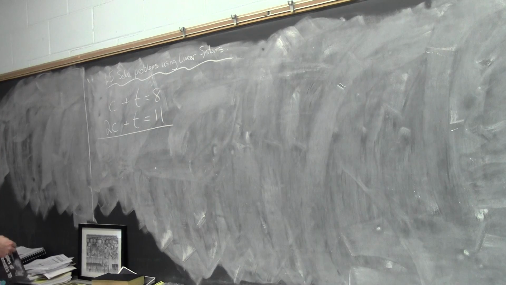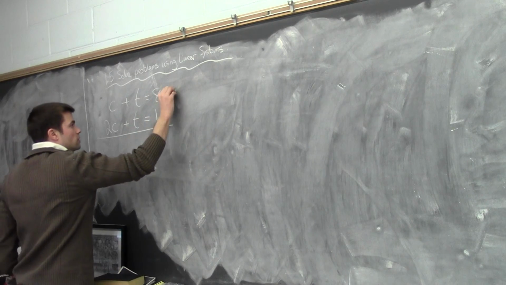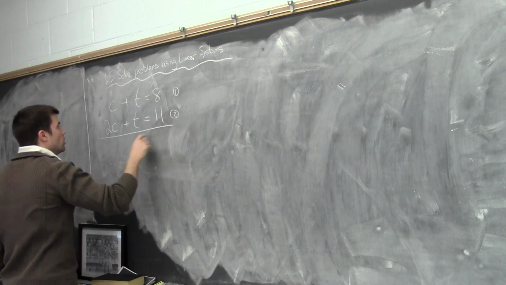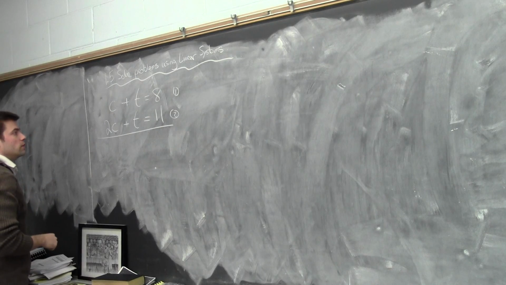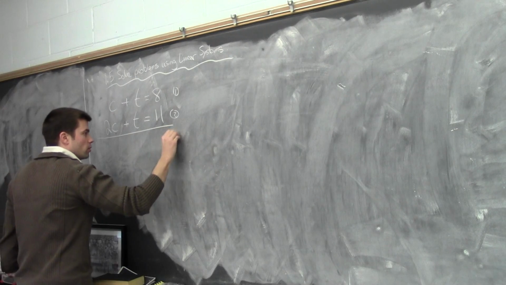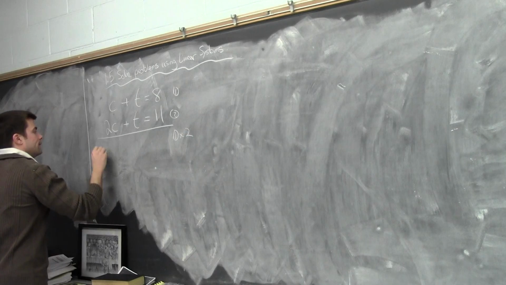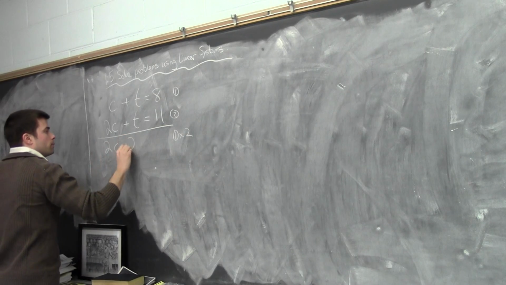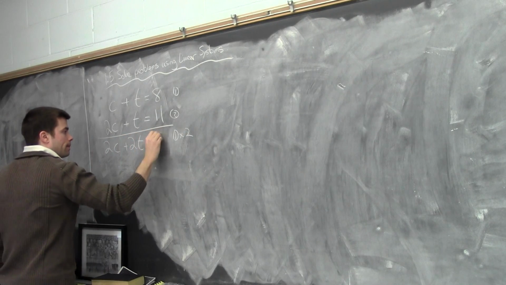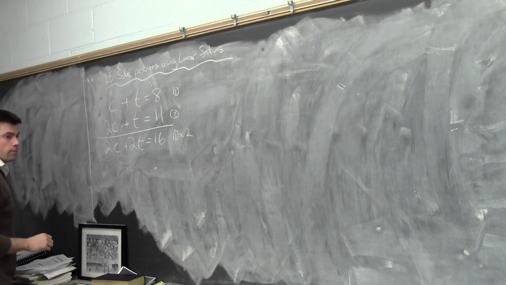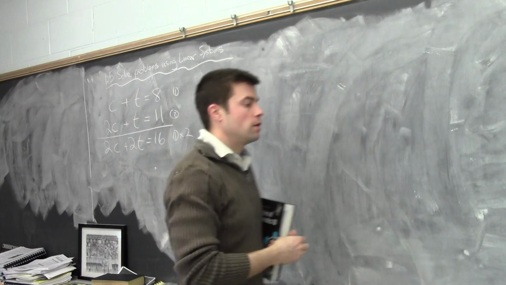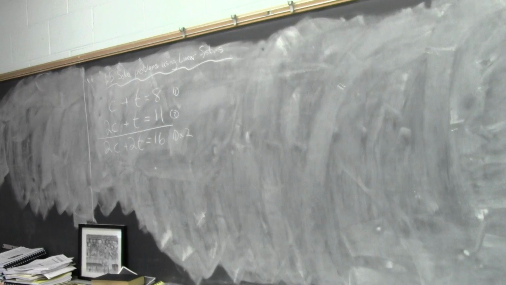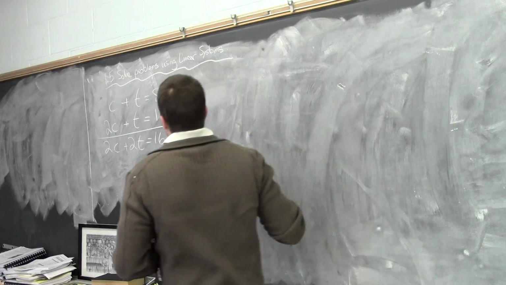So here we should be pretty familiar with what to do if this is equation 1 and this is equation 2. We're going to multiply equation 1 by 2. So we're going to write a little 1 times 2 here. And I wouldn't actually write that equating line yet.